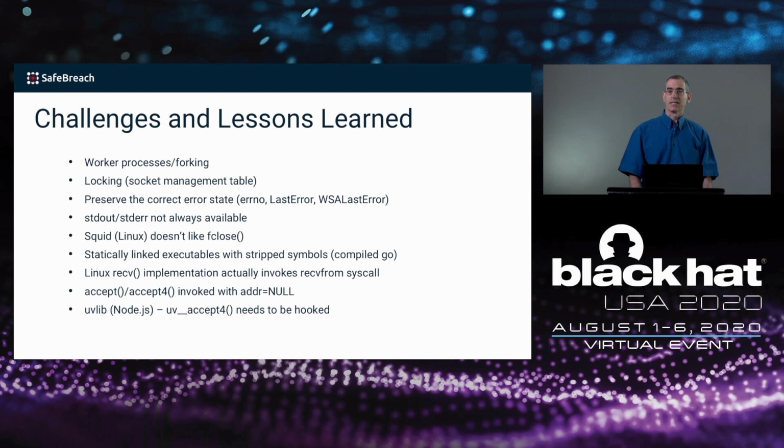While implementing the socket abstraction layer, I learned a lot about the internals of web servers and sockets. Of course, especially in Linux, worker processes and forking must be supported. This is not fully functional yet in my library. I just run a single process instance of the web server for testing.